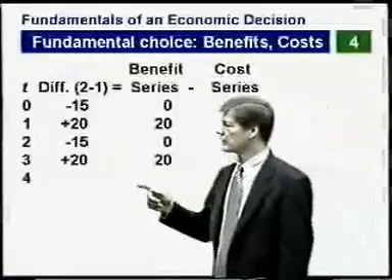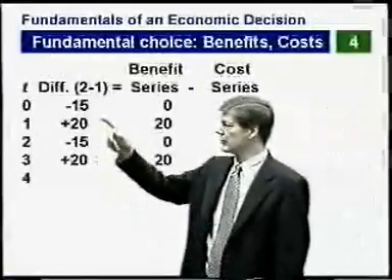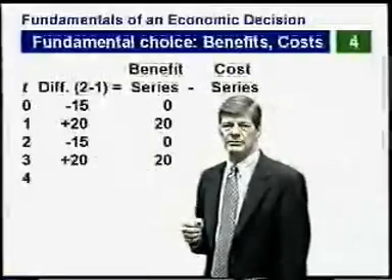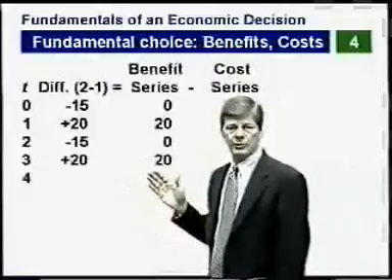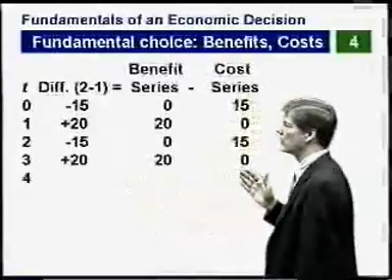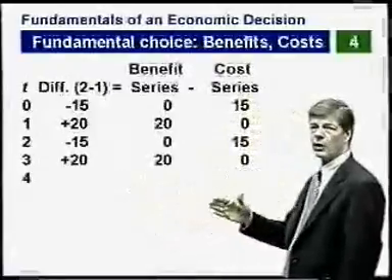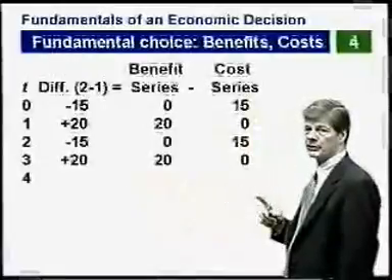The decision as to whether I accept or reject this incremental cash flow stream depends on whether I would prefer to have the benefit series or the cost series. I can have one or the other, but not both.